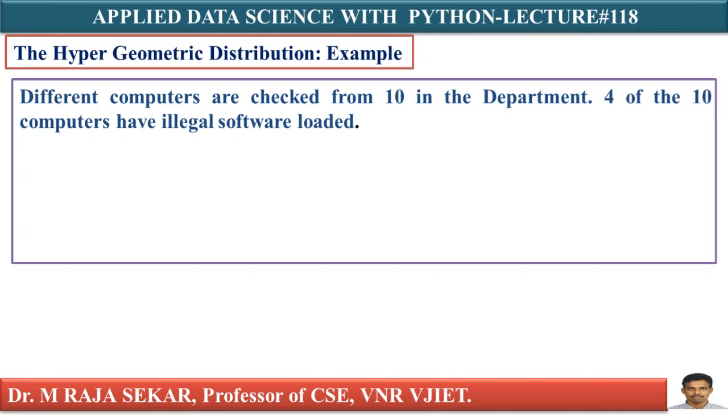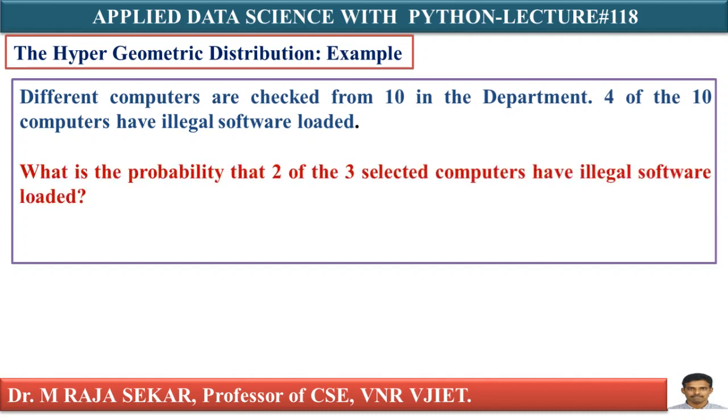Different computers are checked from 10 in the department. 4 of the 10 computers have illegal software loaded. What is the probability that two of the 3 selected computers have illegal software loaded?